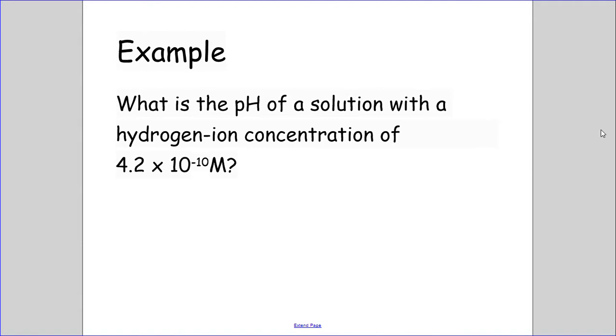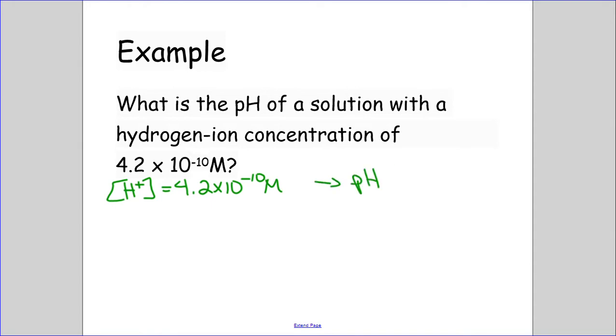Alright, so hopefully you had a chance to take a try at it. It does give us the hydrogen ion concentration here, so it says that our H plus is equal to 4.2 times 10 to the negative 10 for a molarity, and it wants us to get from H plus to pH.